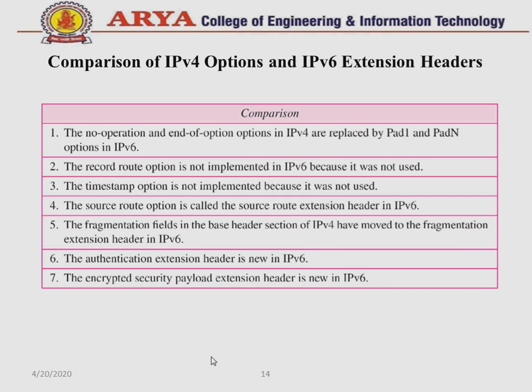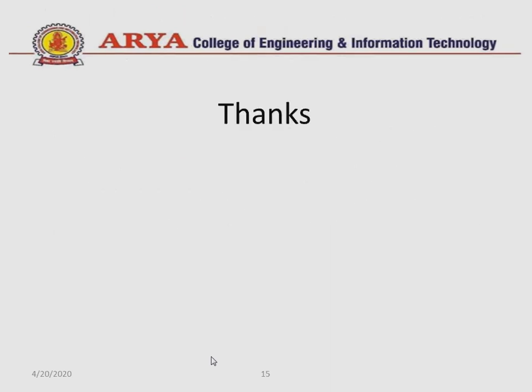The timestamp option is not implemented because it was not used. The source route option is called the source route extension header in IPv6. The fragmentation field in the base header section of IPv4 has moved to the fragmentation extension header in IPv6, and the authentication extension header is new in IPv6. The encrypted security payload extension header is new in IPv6.